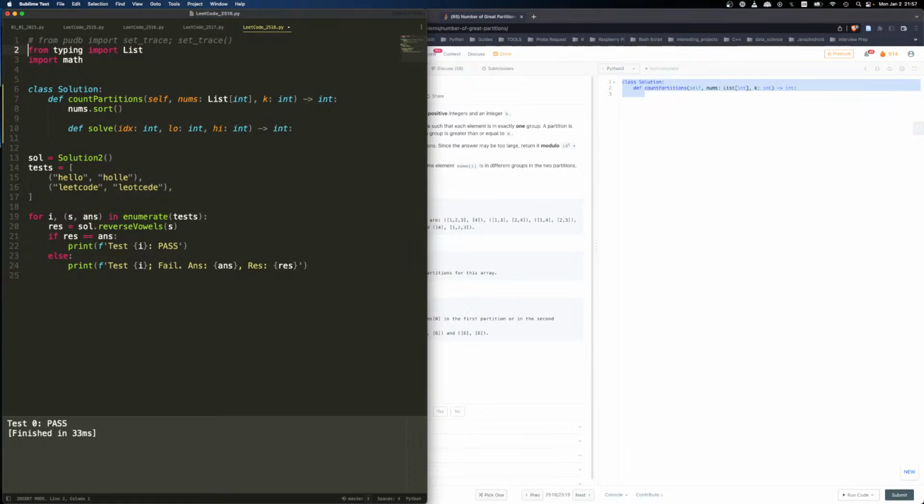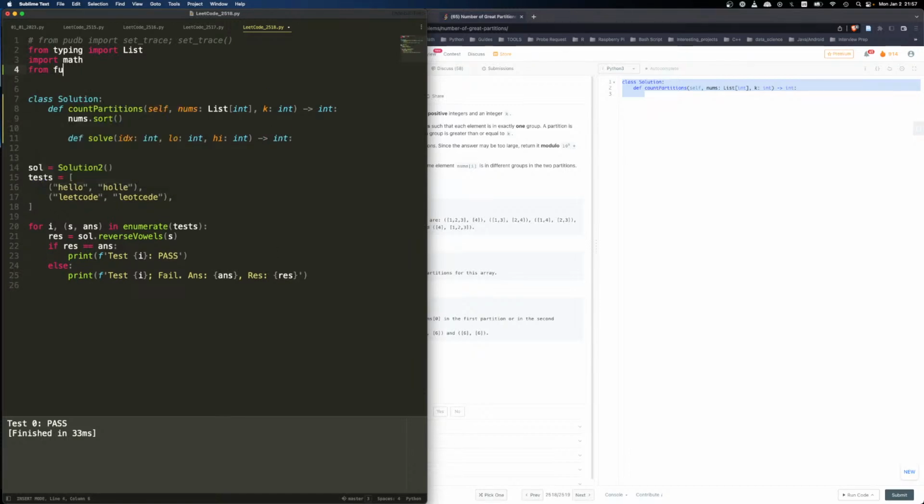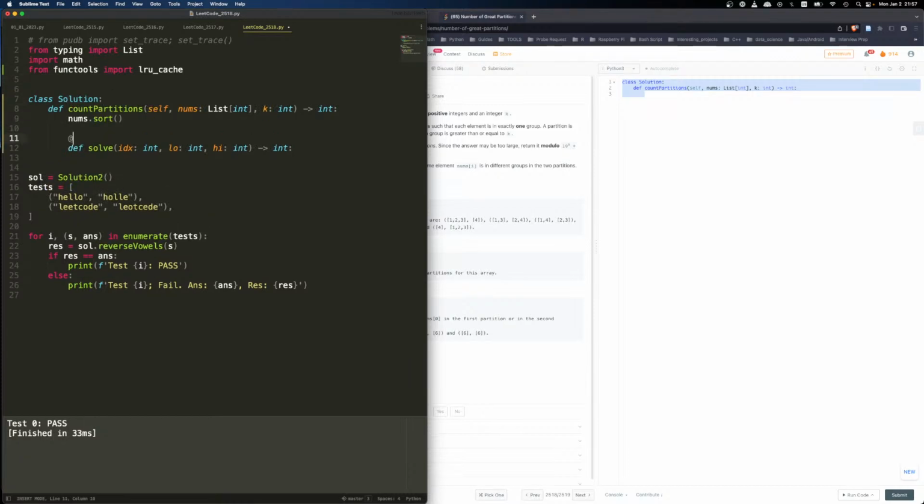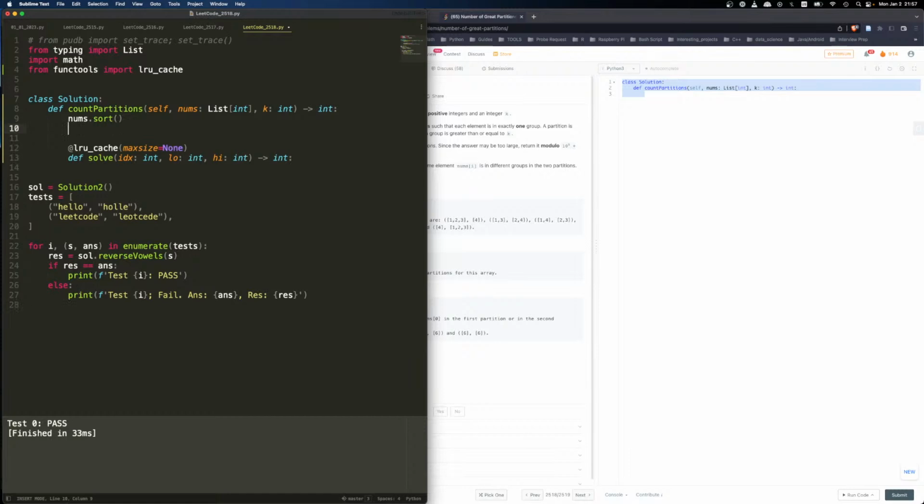Okay, and then I'm going to say from functools import cache. I'm going to cache this. Alright, so this one is calculating how many from low to high, given from index to the end and the low to high. Right, so n will equal len nums.